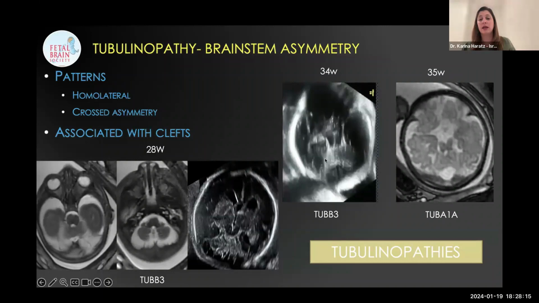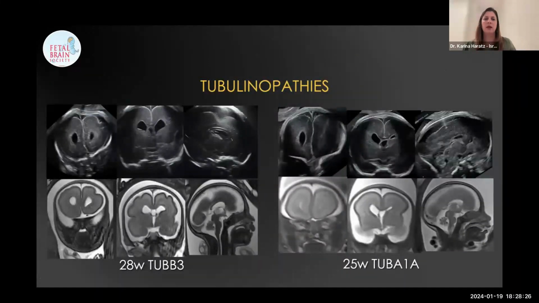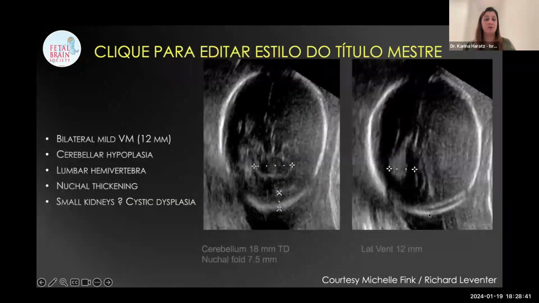This is, again, TUB-B3, TUB-A1A, and this feature is quite reproducible either using ultrasound or MRI if you know how to look at it. In TUB-B3, the brainstem cerebellar findings will be milder in the fetus, and in TUB-A1A will be more severe.